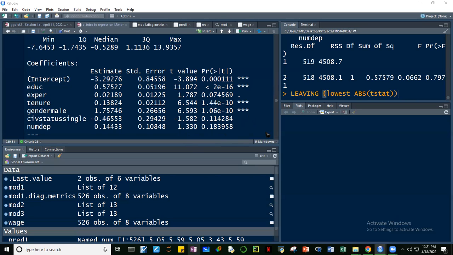Which is the next leaving variable, yung aalisin natin. Flash yung model natin, model 3. Which will be our leaving variable?